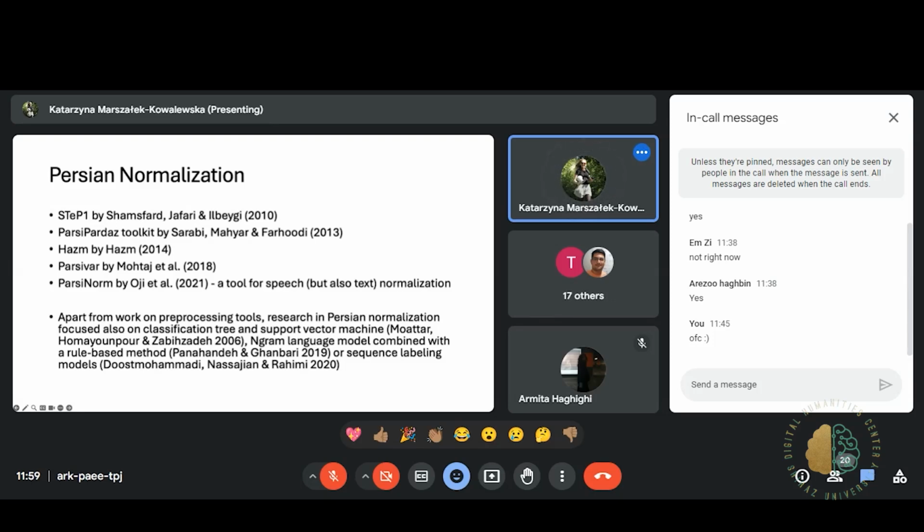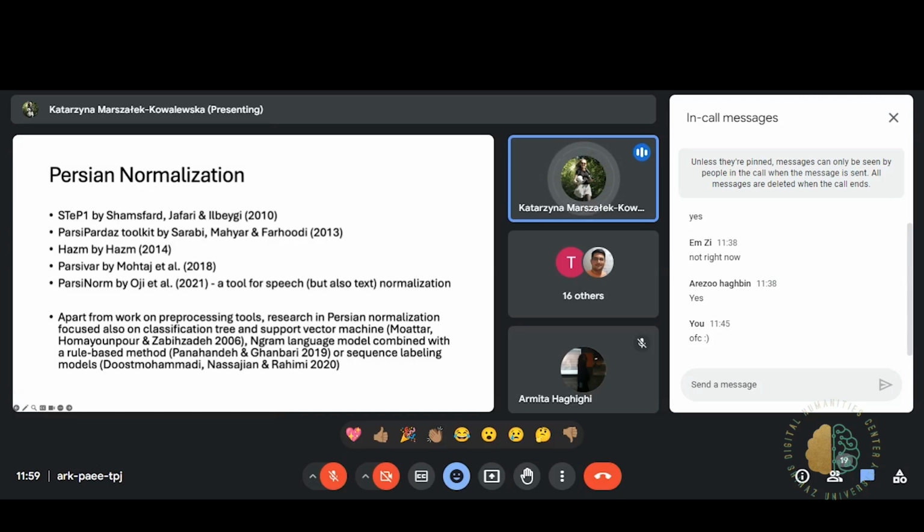The first open source pre-processing tool, Hazm, was introduced in 2014. In 2018, another open source tool, Parsivar, was presented by Mohtaj and colleagues. Finally, in 2021, ParsiNorm, a tool for speech but also text normalization, was proposed.